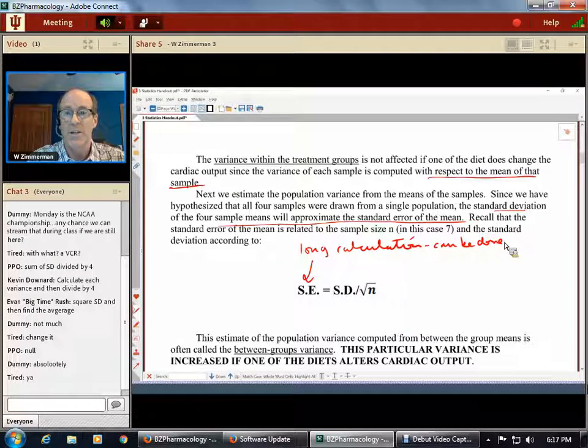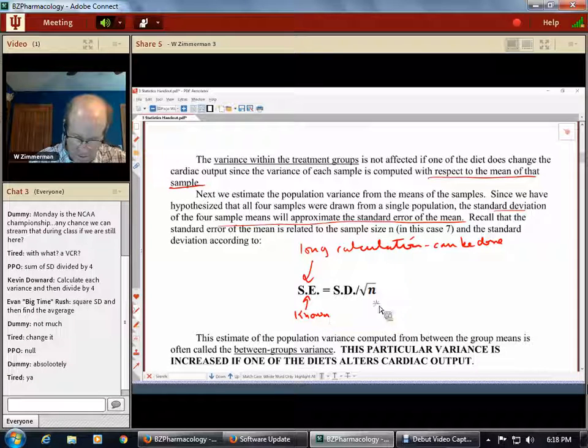So if we know what our standard error is, and we know what n is, so this is known, this is known. Solve for standard deviation.